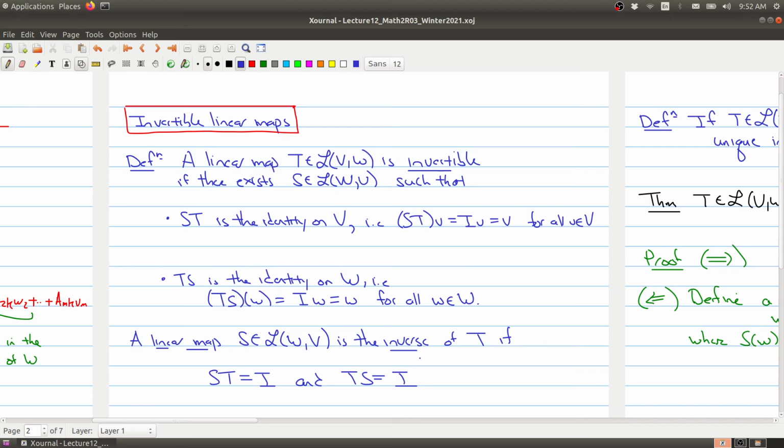So this linear map is the inverse of T if it has these two properties.